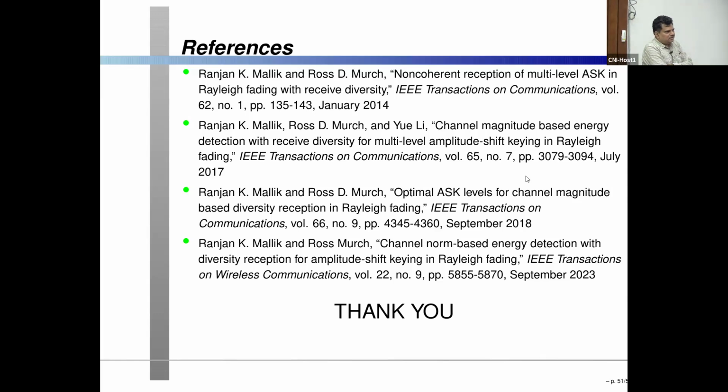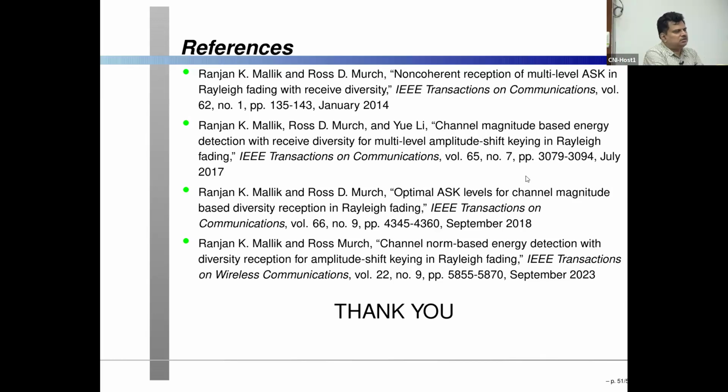Yes, Sandra. For these receivers, you are essentially using knowledge of sigma h square. Yes, I mean the ratio basically. So if you were to ask what is a non-coherent receiver that is robust to channel statistics, among all distributions with the same sigma h square.